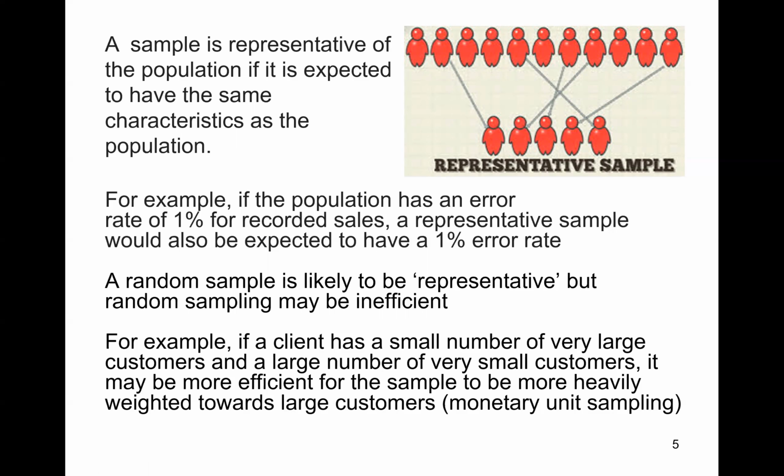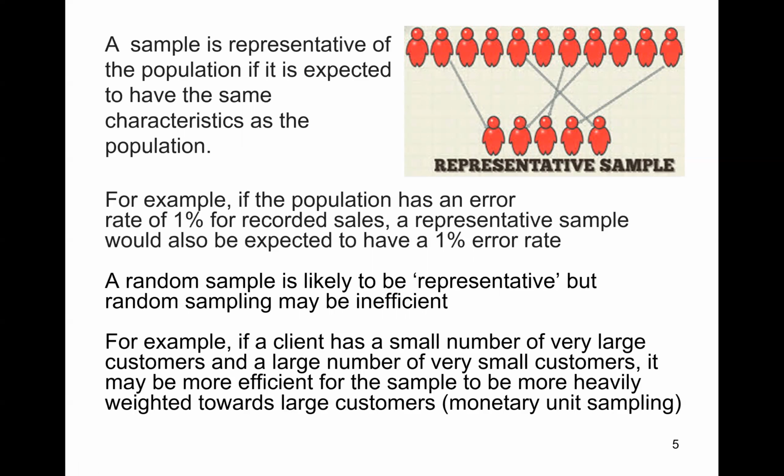In other words, it wouldn't be efficient to just draw the customers at random, because then the auditor would be spending a lot of time looking at small customers who are not material. And if what you're concerned about is the risk of overstated sales or overstated receivables, it's most likely to be the large accounts that contain those material misstatements.